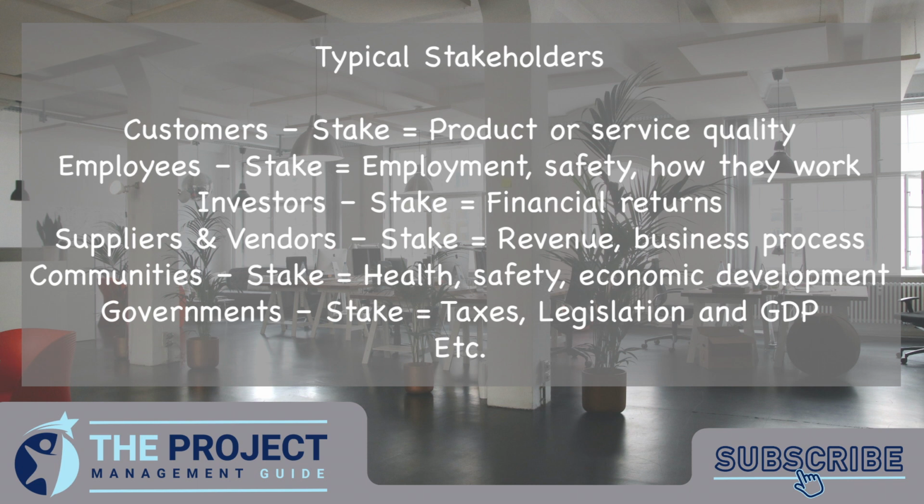I just wanted to make it as broad as possible to get the full range of types of stakeholders that we might encounter or need to work with. And I've outlined here what their stakes are.